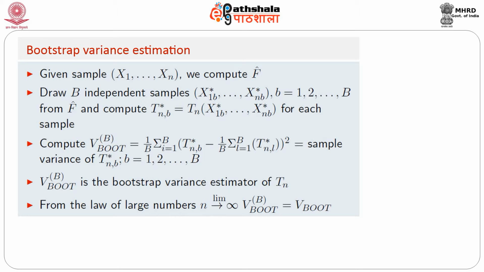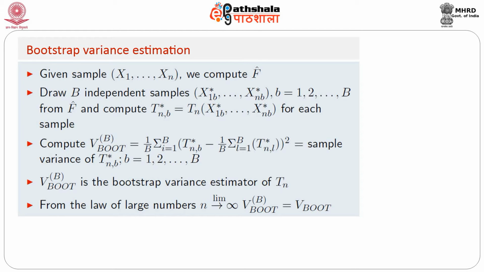So, what do we do? Suppose we have the given sample x1 to xn. We use this to compute F hat by drawing B independent samples, say x1 b star, x2 b star, ..., xn b star, where b runs from 1 to B, from F hat, and then compute Tn b star, which is Tn(x1 b star, x2 b star, ..., xn b star) for each.